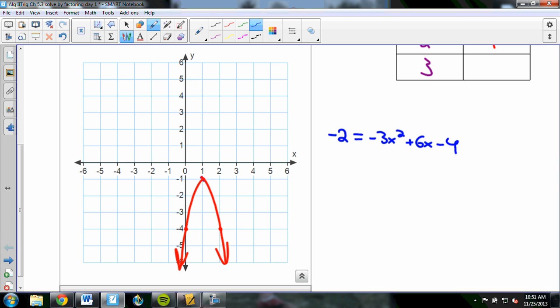Whenever it crosses the negative 2 on the y axis, that's where it is, and that's the answer. So it's going to be like x equals 0.2 or 0.3, and x is about equal to 1.6, 1.8. I'll make it 1.8 so it's symmetric. The graph is symmetric.